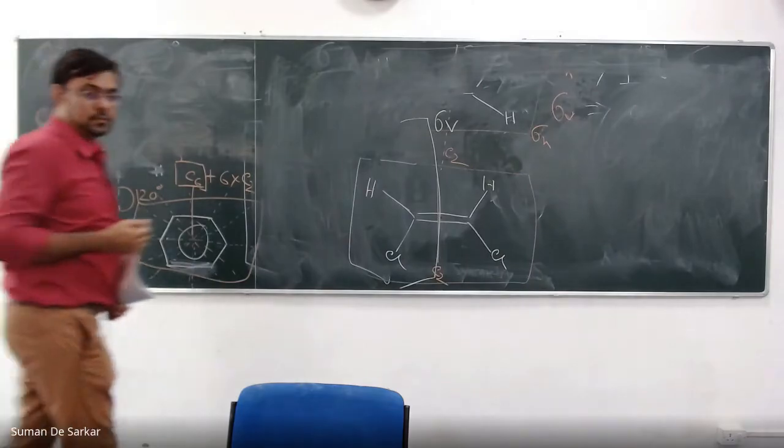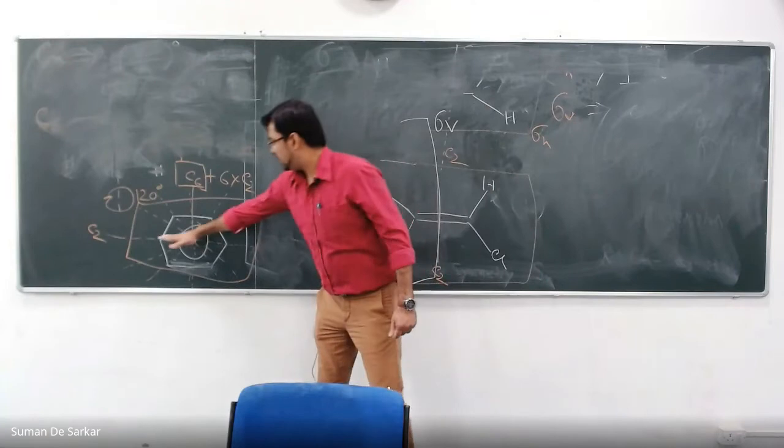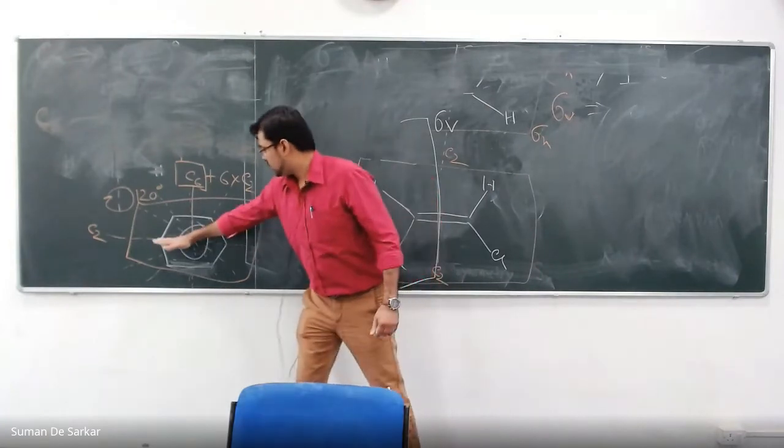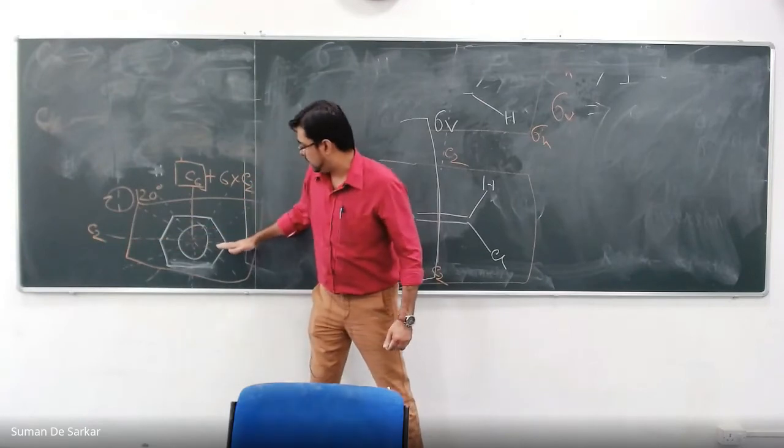Similarly, in case of benzene, along each C2 axis there is also a plane of symmetry.